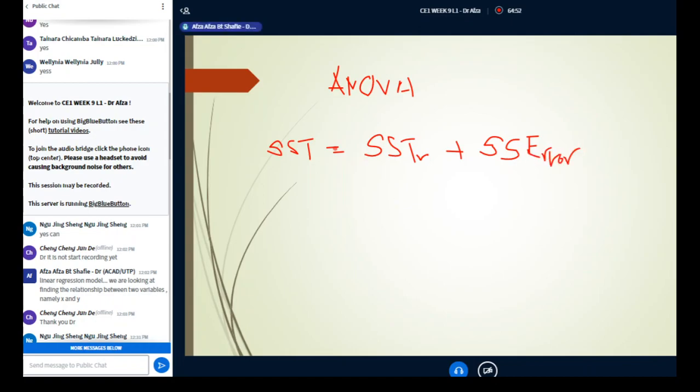And we said that SST is the deviation of Y from the grand mean, remember?